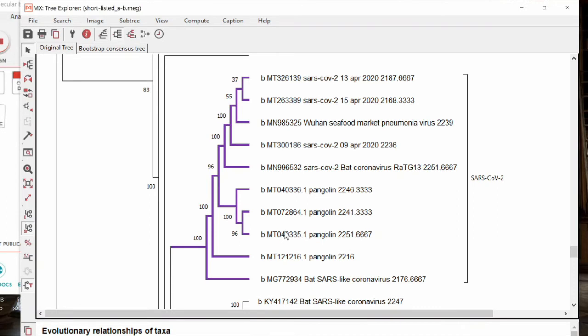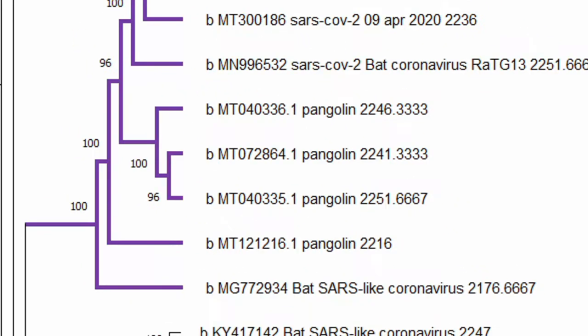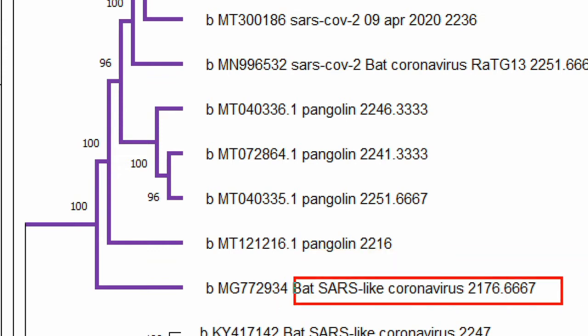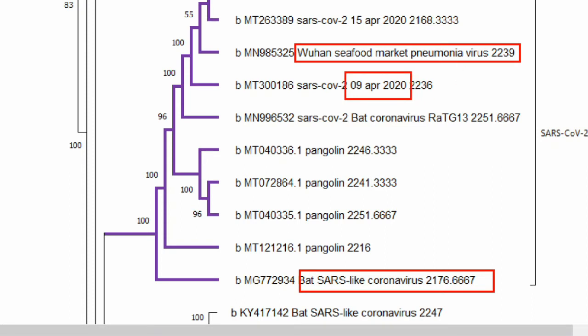We have bat coronaviruses. So we have Wuhan seafood market pneumonia virus. So the human one, closely related but sampled later, another version of the same virus.